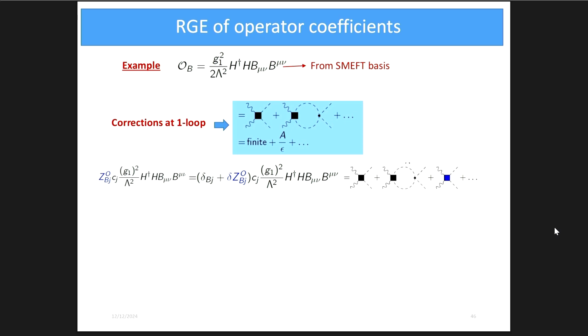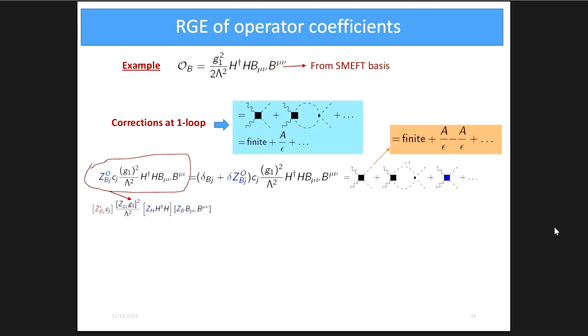Now how do you absorb this divergence? You can absorb it by defining a constant counterterm like this. You are adding a counterterm, and it is defined in such a way that the UV divergence you have will cancel. Apart from the constant associated with C_j, you should also introduce the renormalized coupling as well as the renormalized fields.